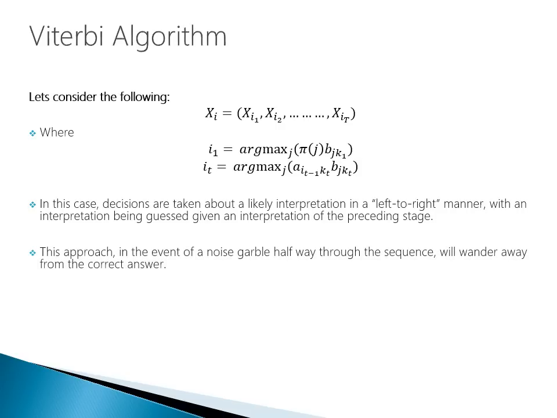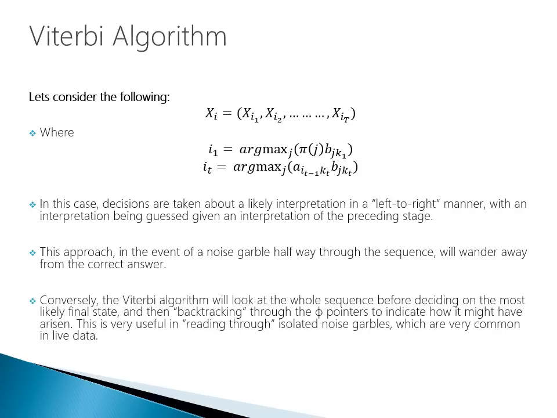This approach, in the event of a noise garble halfway through the sequence, will wander away from the correct answer. Conversely, the Viterbi algorithm will look at the whole sequence before deciding on the most likely final state, and then backtrack through the phi pointers to decide how it will have arisen. This is very useful in reading through isolated noise garbles, which are very common in live data.